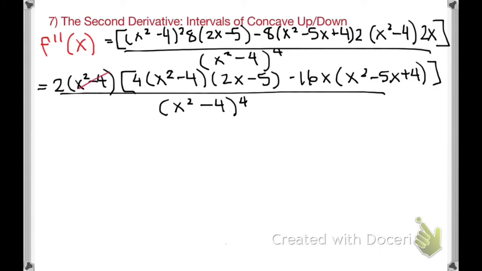And what we can do now is cancel out that x squared minus 4 on the top and take this denominator now to the 3rd power. And we move on to simplifying this some more.